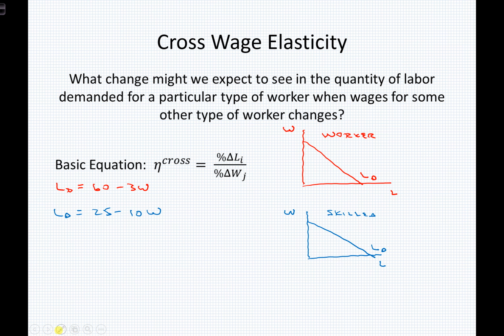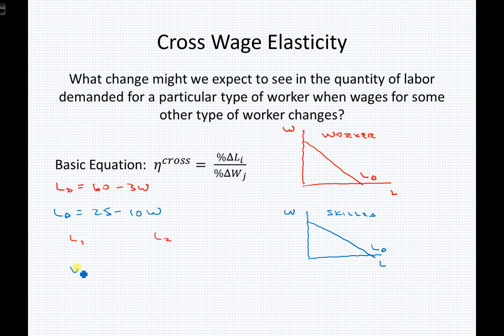So we'll have L1, and then we'll have L2, and W1 and W2. But now this is W for the more skilled worker. So let me change those to blue so it makes a little better sense for us, and we don't confuse ourselves as much.